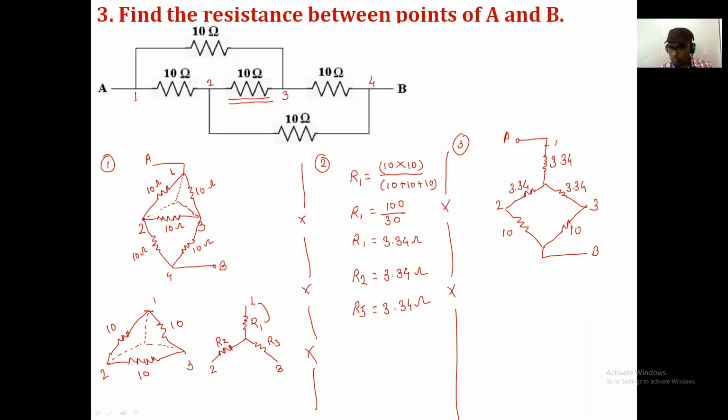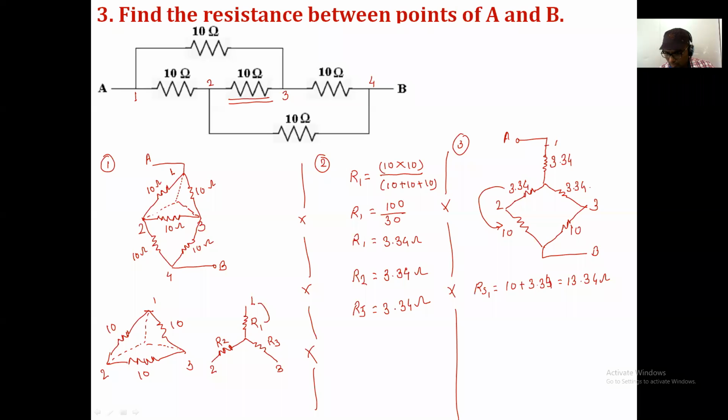So this 10 ohm and this 3.34, how are they connected? This 3.3 and this 10 ohm, how are they connected? Series. So I say that RS1 is equal to 10 plus 3.34, which is 13.34 ohm.